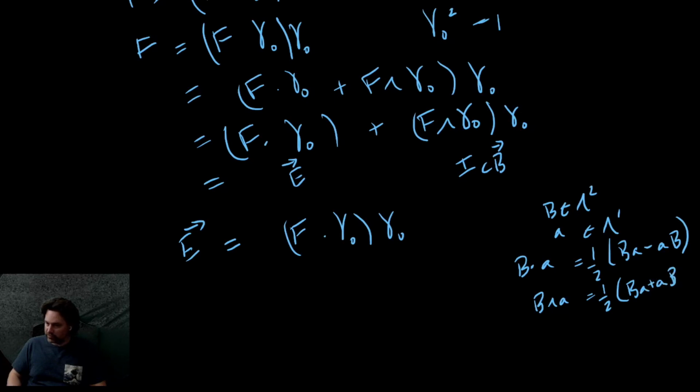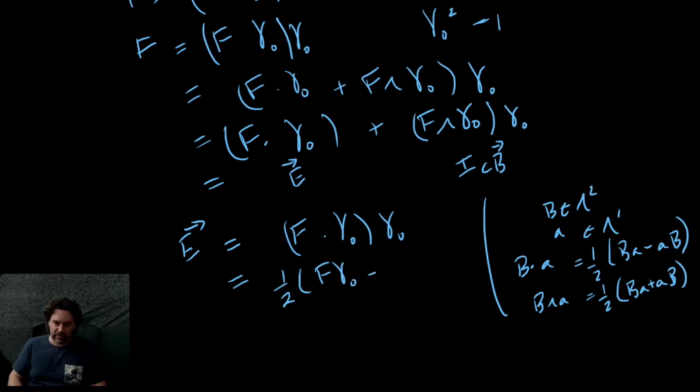It's a symmetric product of the two. So we use that, then we get 1/2 of F gamma naught minus gamma naught F gamma naught, which is half of F minus gamma naught F gamma naught.